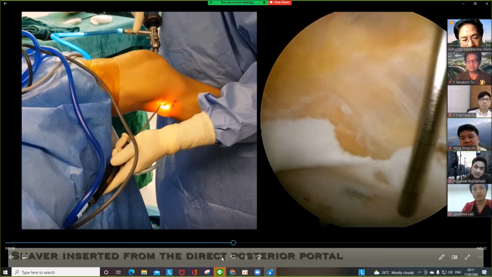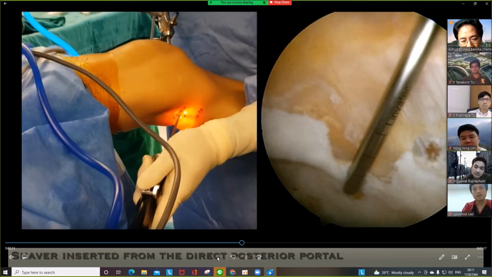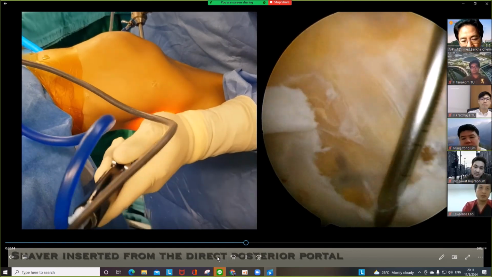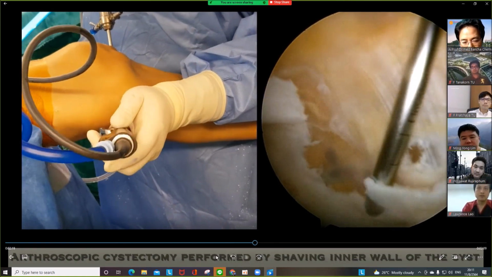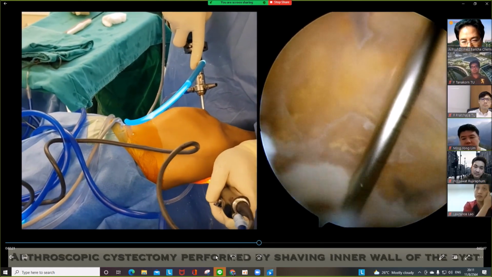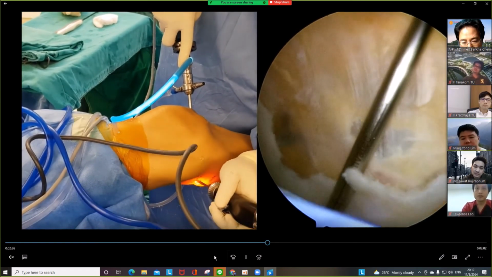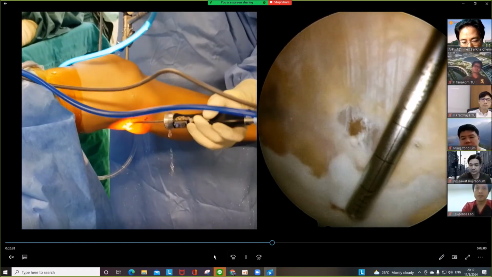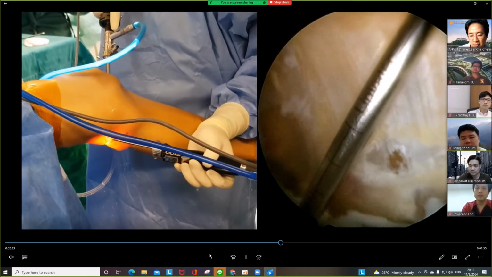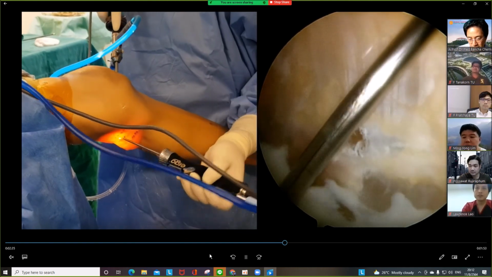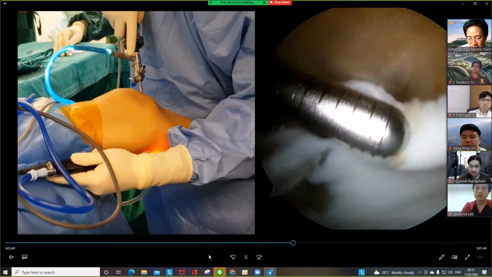And then you follow into the cyst like that. Use your shaver. Be very careful when you use a shaver, just suck it in. You see, slowly cleaning the cyst wall. So the cyst wall can easily be cut, so it will be like this.